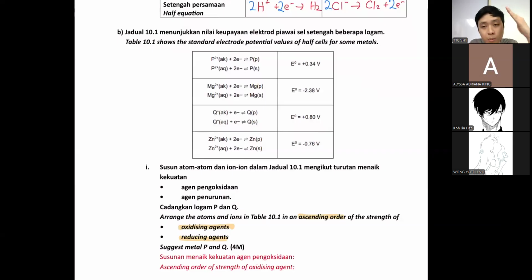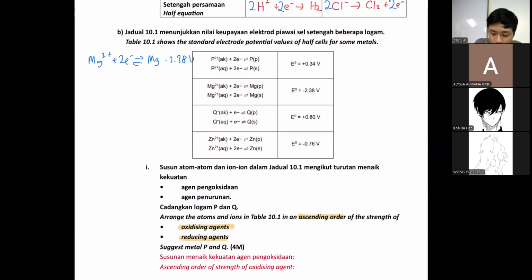You have to arrange from most negative to most positive, because they give you the values a bit messy. Let me do it again so it's better for you to see. First, Mg2+ becomes Mg, negative 2.38 volts.